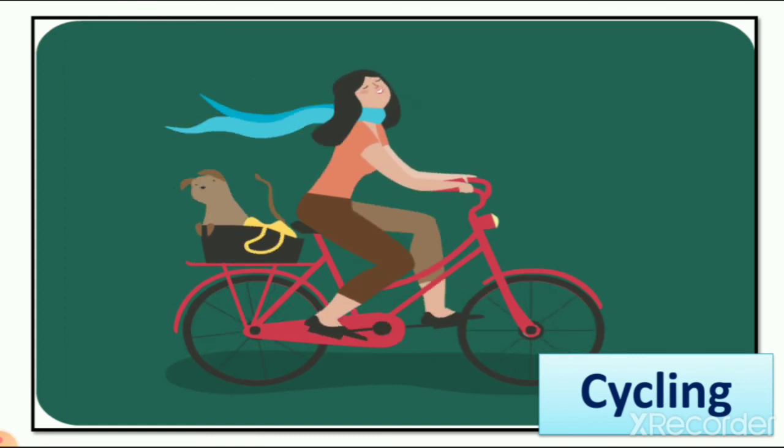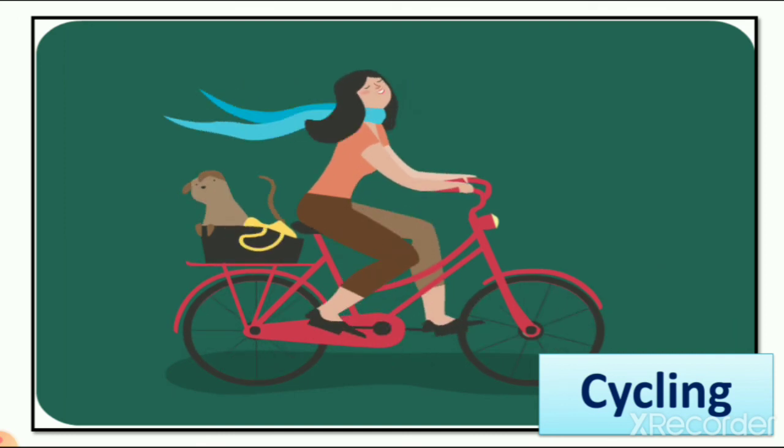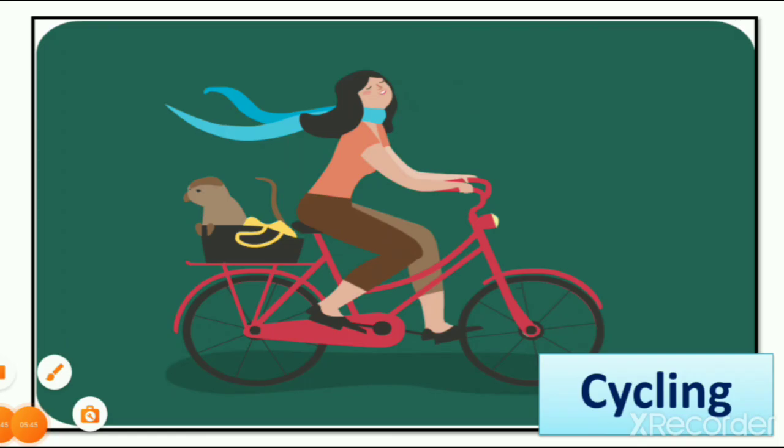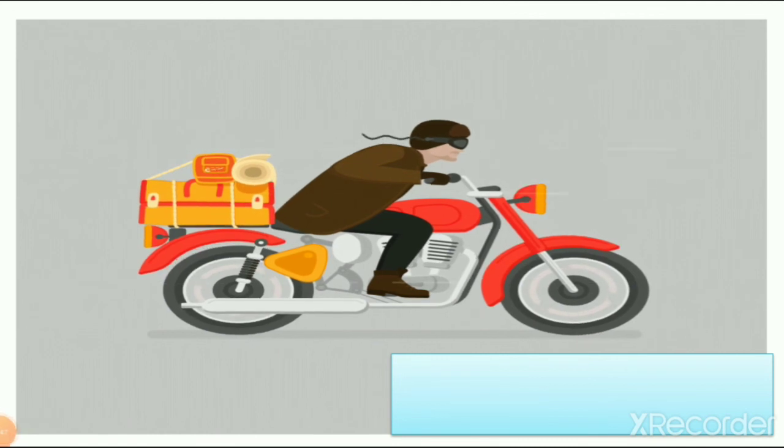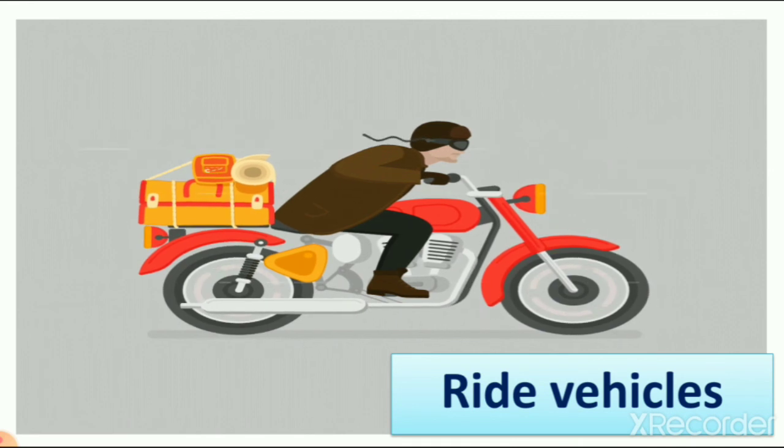When you ride your bicycle, now you can understand that what you are using is your leg. One boy is riding a bike, right? And you can see that we are using our leg in riding a bike also. So we can ride different types of vehicles: car, bicycle, scooters, bikes. All these we ride with the help of our legs.